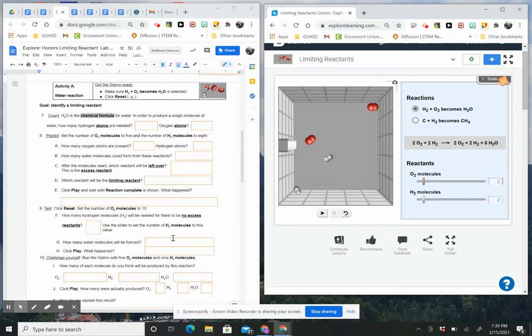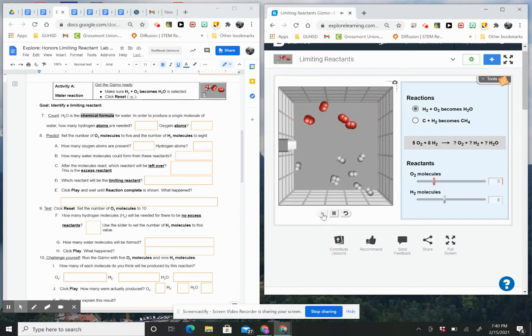This is a little bit repetitive, but what we're trying to do is get you to a point where you're recognizing, for example, that I had 8 H2 and 5 O2. We're trying to get you to see what happens if I change these molecules, how many molecules am I going to get to form, and how many leftovers am I going to have?